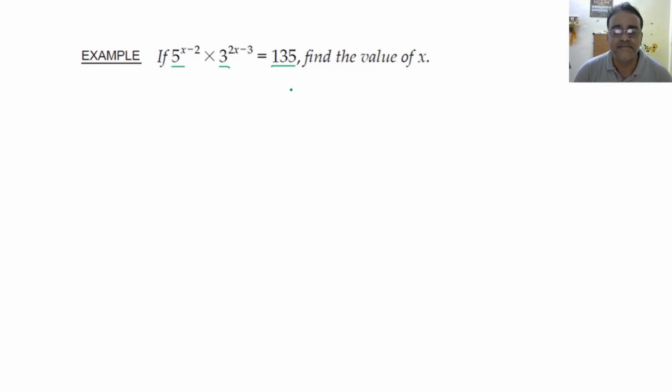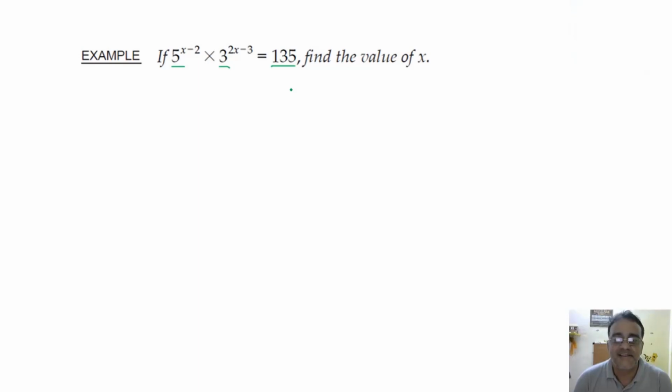135. Quickly. 3 to the power 5. Look, 135, look here, I am doing rough work here. 135 we can write as 25 into 27.